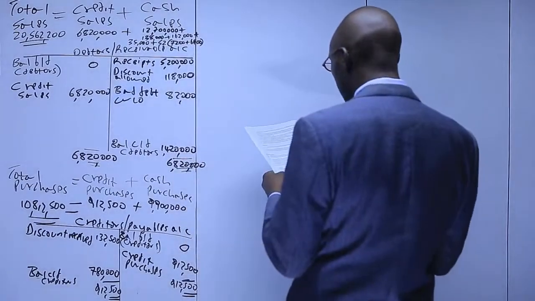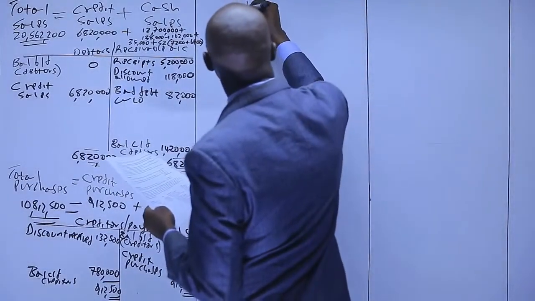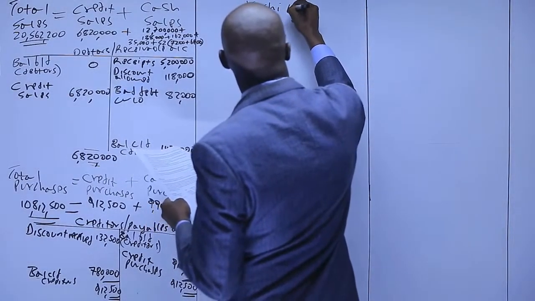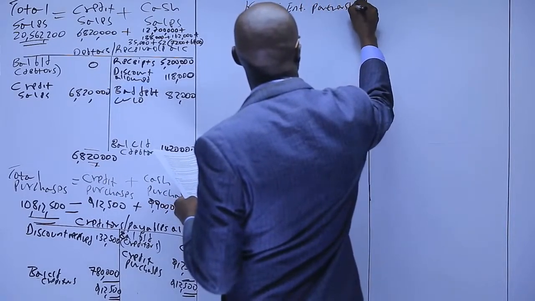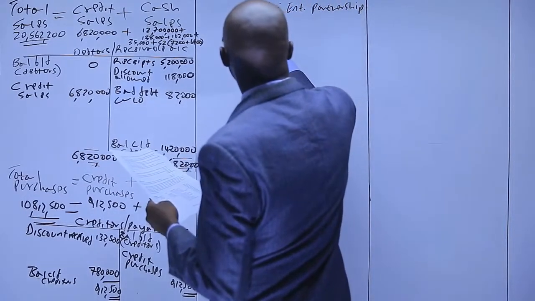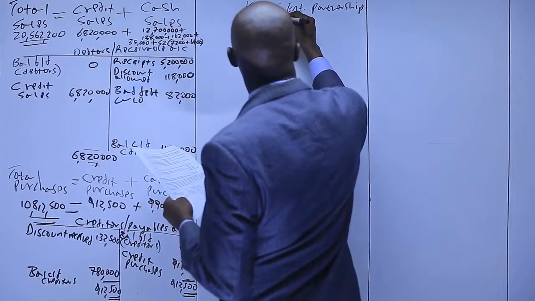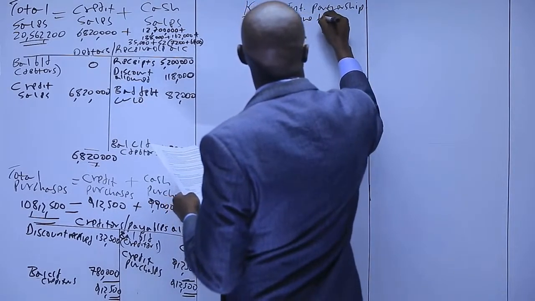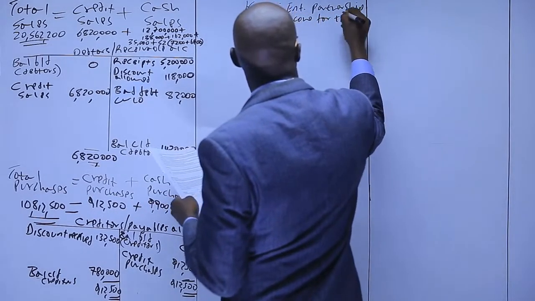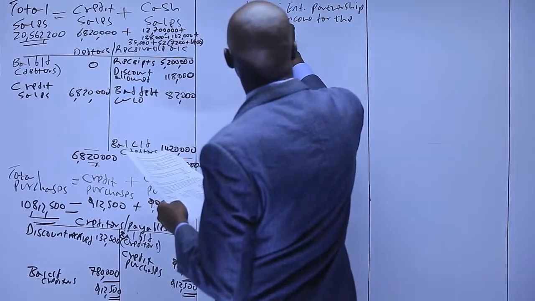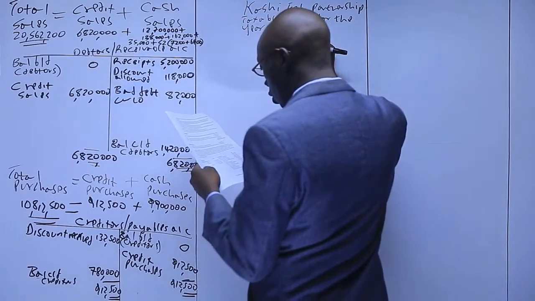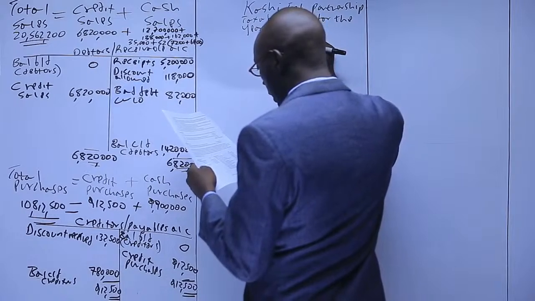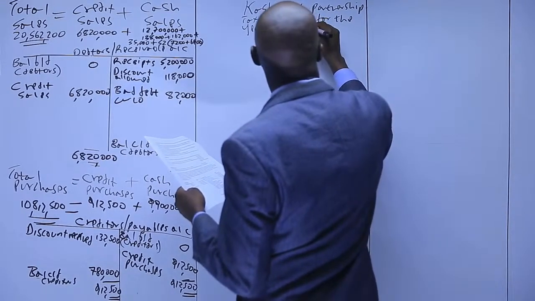So we'll come here, the name of the partnership is Kashi Enterprise Partnership. We get the taxable income for the year ended 31st of December 2019.